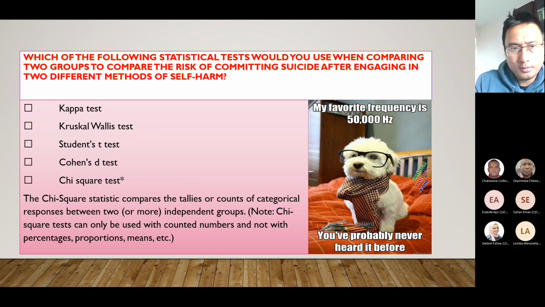You're comparing two different groups, not the same group with the same treatment. Unpaired. And numbers of suicide, is it a frequency? Yeah, frequency. So chi-square. Okay.